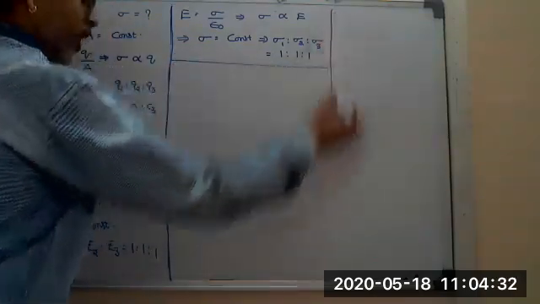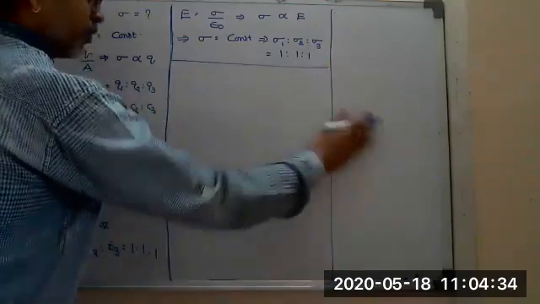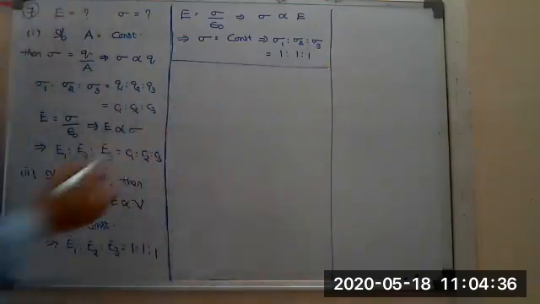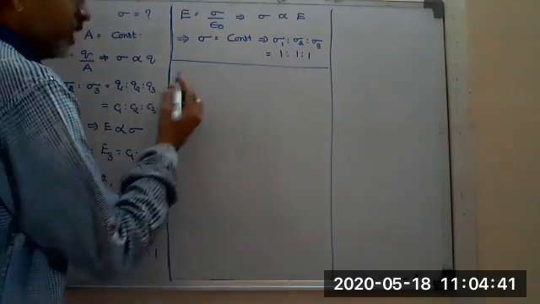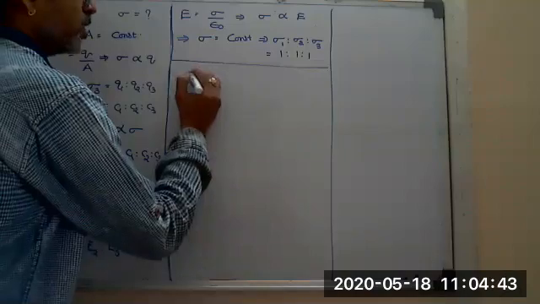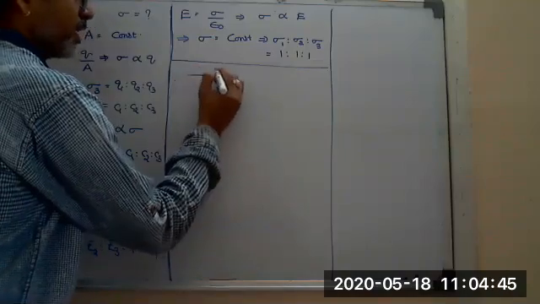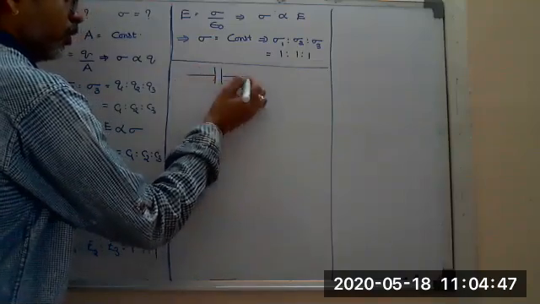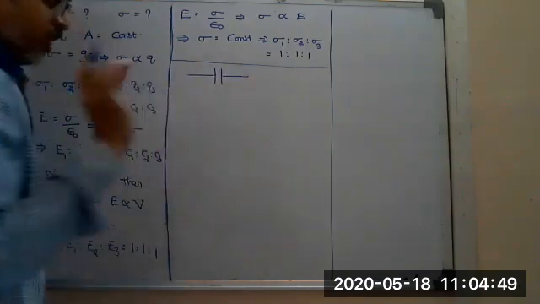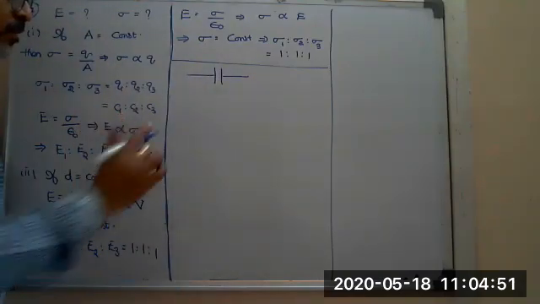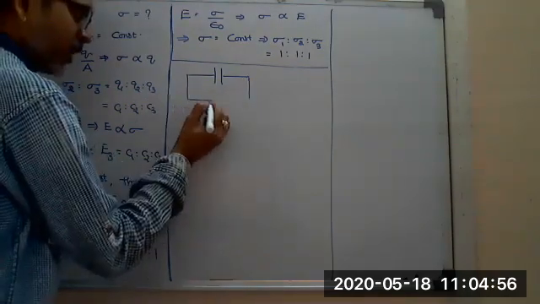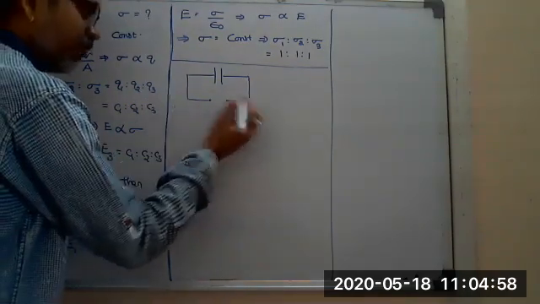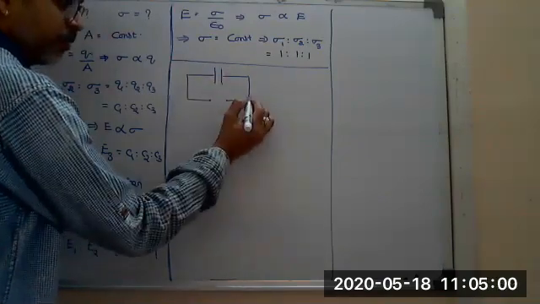Before starting those confuser circuits, first I give one small basic concept related to those models. Suppose I take one capacitor. To charge it, what you need, keep in mind, is not the potential but the potential difference between the two ends.